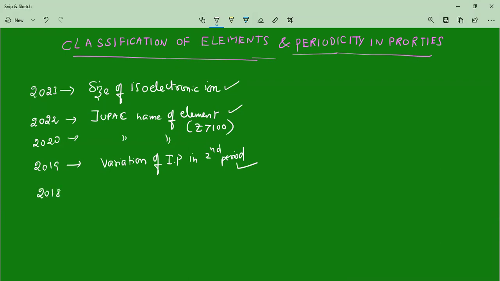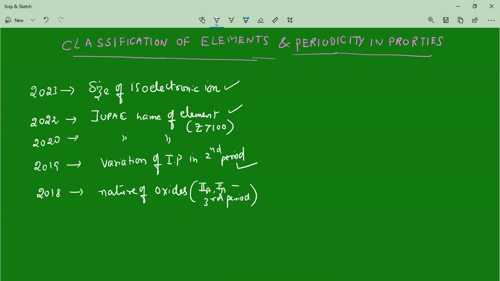Next, another point I would like to raise: in 2018, they asked the acidic nature of oxides. That means the nature of oxides, in particular of the first A group elements, second A group elements, or third period elements in the periodic table.